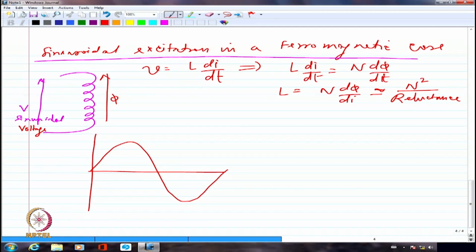So definitely the flux will also be 90-degree lagging. So if I say, for example, the flux is phi m sin omega t, I will have the voltage to be cosine omega t. So the voltage will be leading the flux. That's all we are trying to say.